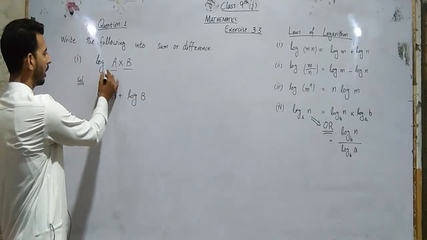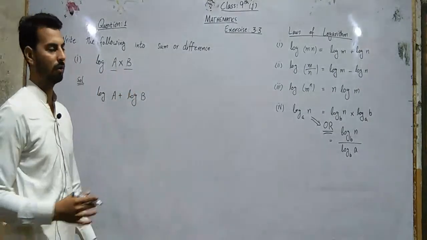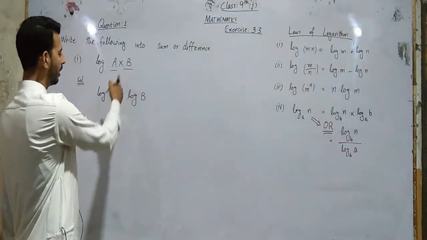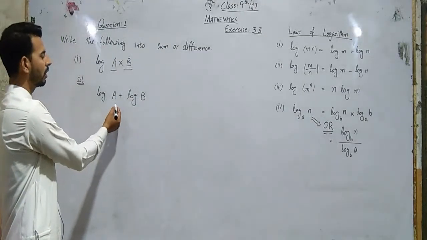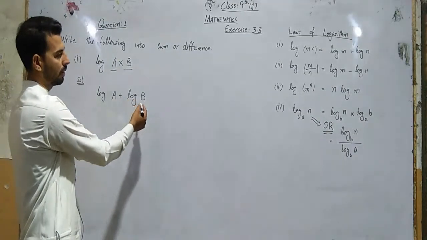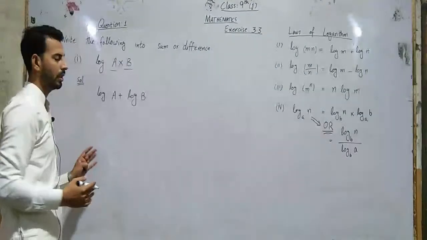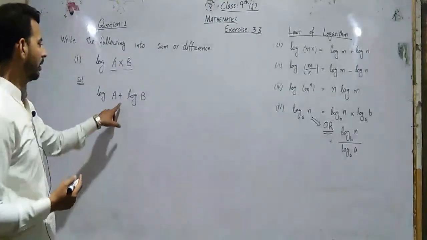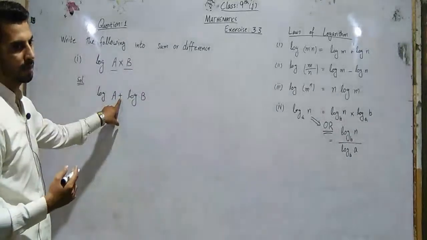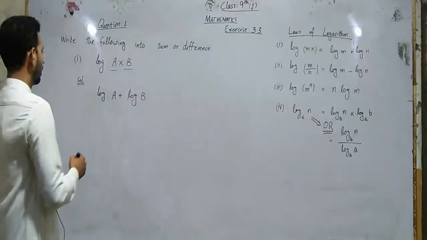So log ab equals log a plus log b. Two separate logs with a plus between them.